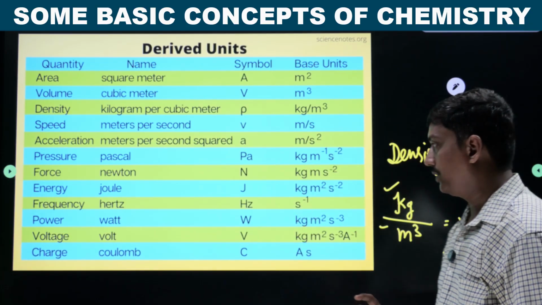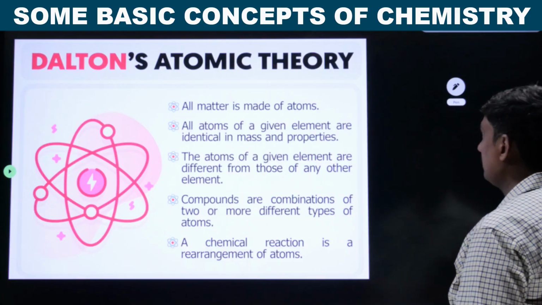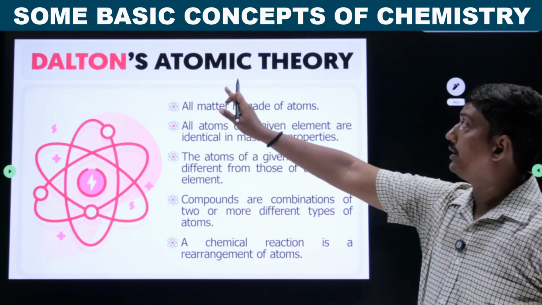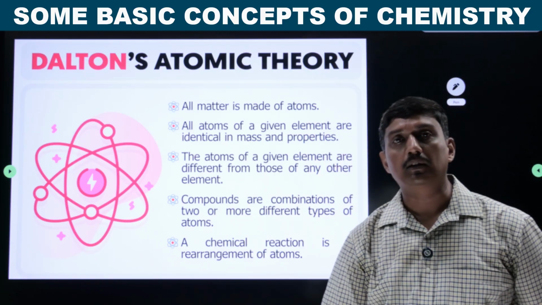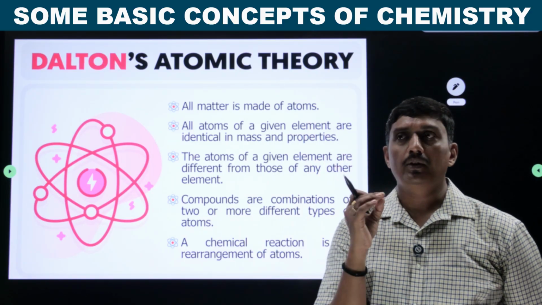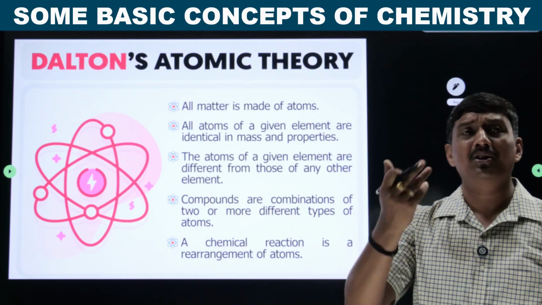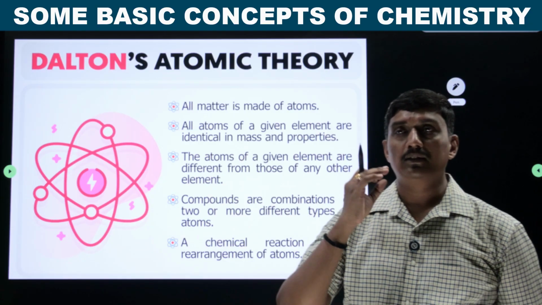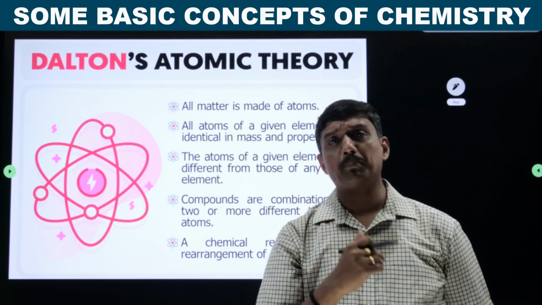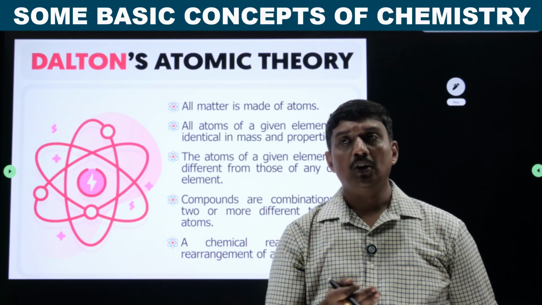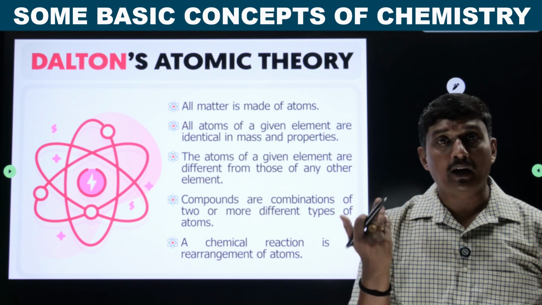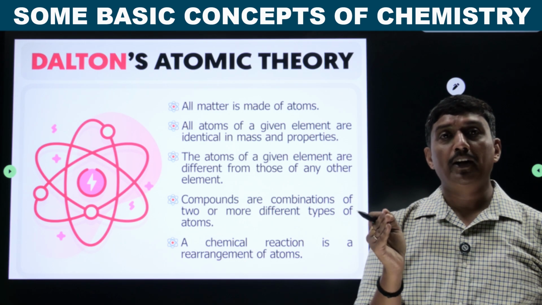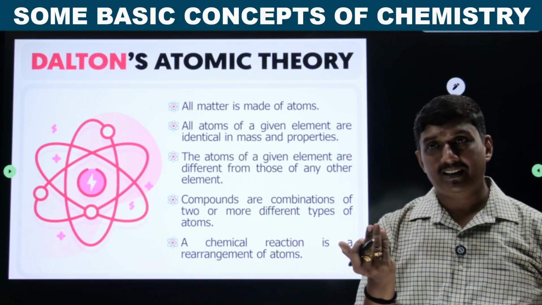Now we are discussing another topic of this chapter, Dalton's atomic theory. What is the meaning of theory? Theory means it is just a presentation. It may be correct, may not be correct. It might be obtained through theoretical data.